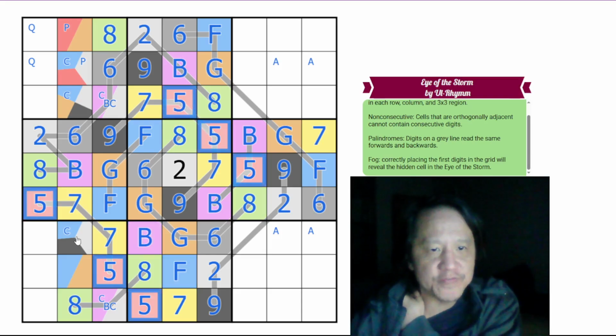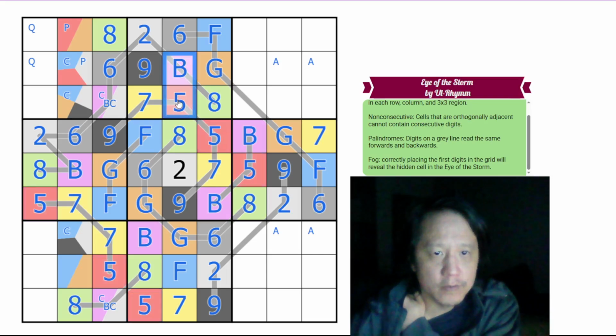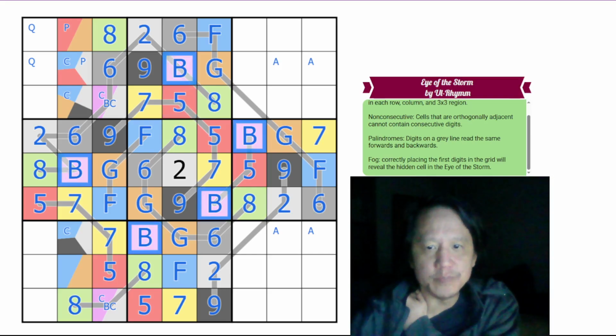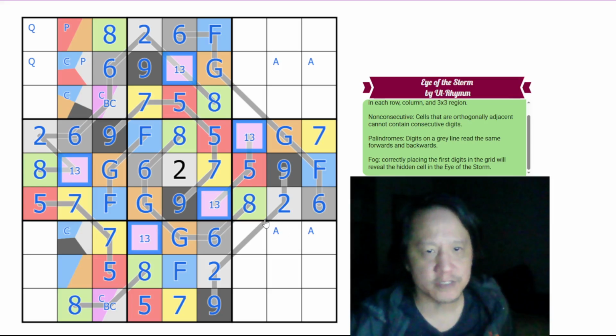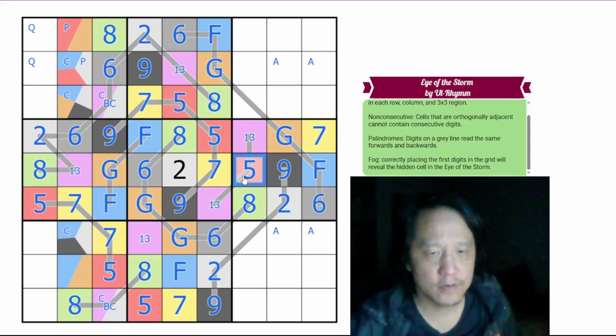Okay, what is 5 next to? It could be next to 2. 5 is next to B. So B cannot be 4. So B is 1 or 3, because it's next to a 5.